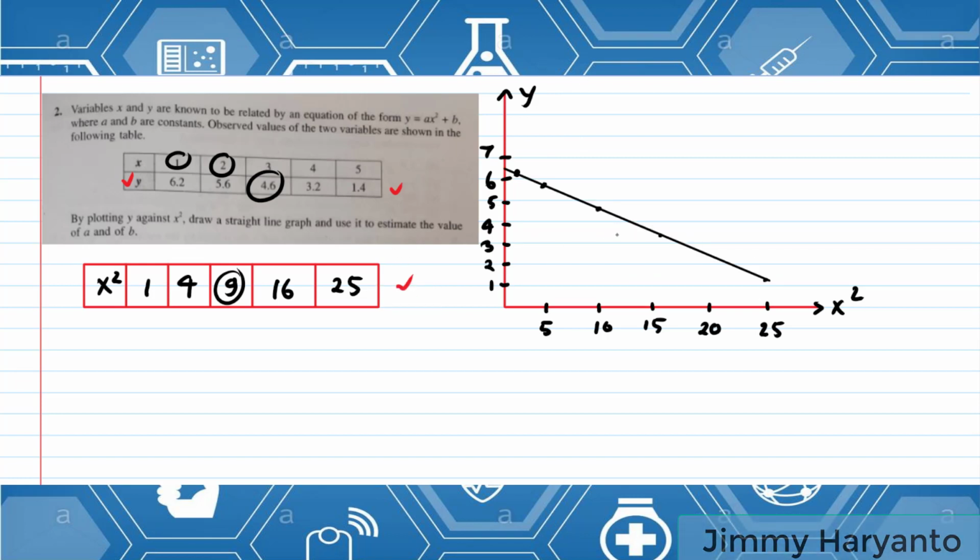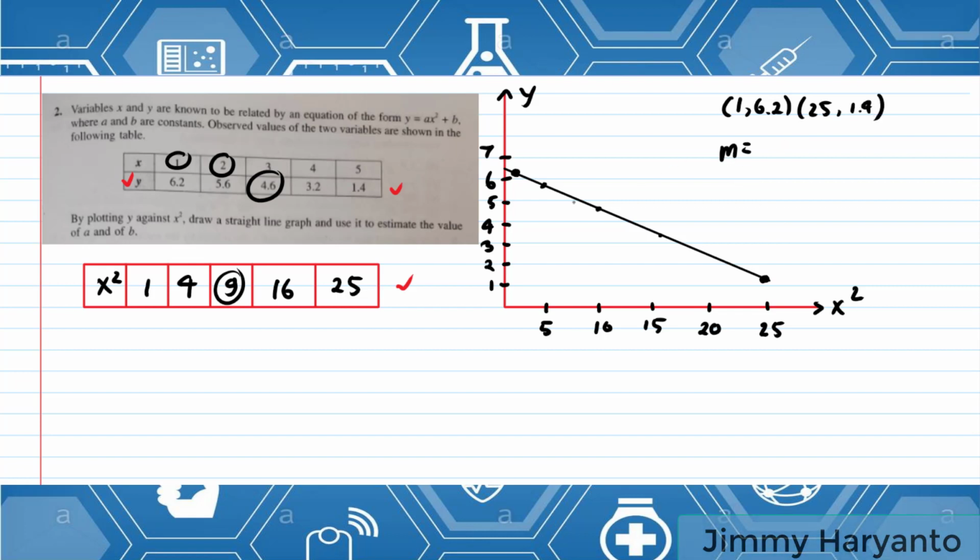Now we have to find A and B. To find A and B, we have to find the equation of the line first. First, we have to find the gradient. The gradient, we can take this point and this point, maybe. So we have 1, 6.2, and for the last one we have 25, 1.4.